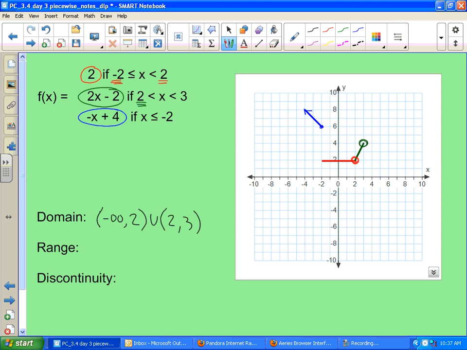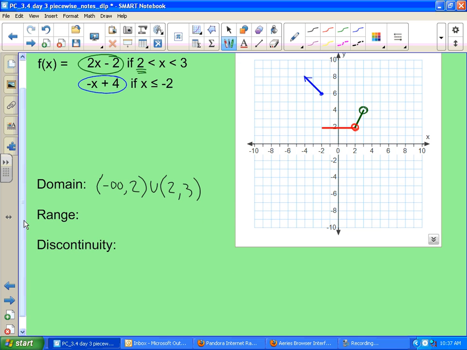Okay, now squish it onto the y-axis. What do I get? What's my range? Take the green, put it onto the y. The red's already on the y, in the right spot. Take the blue, put it onto the y. What are we going to have? Not to infinity for y.